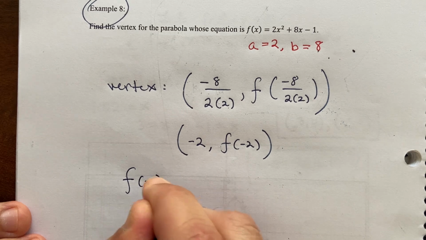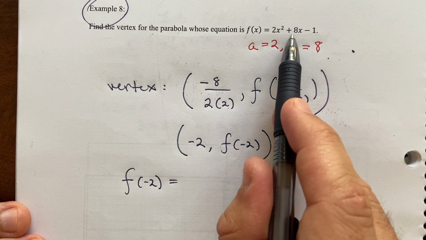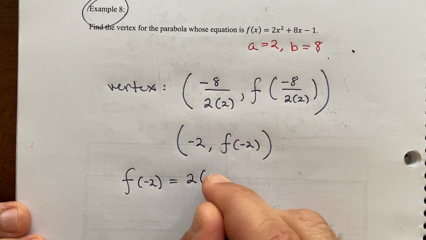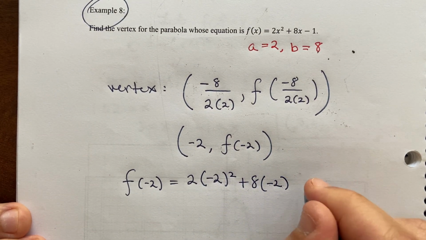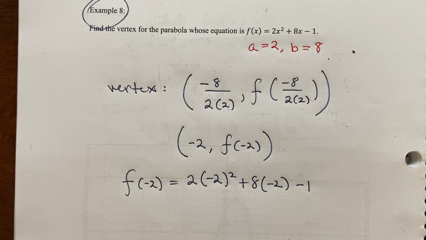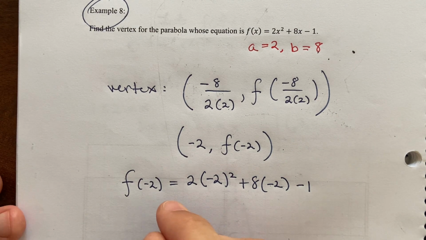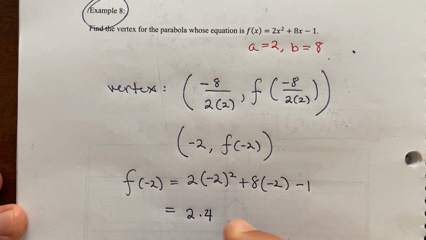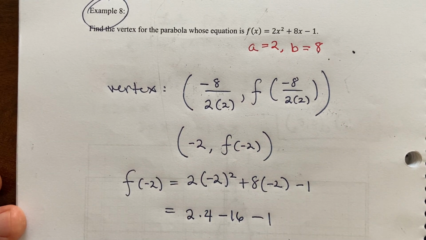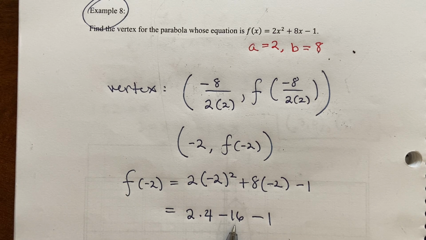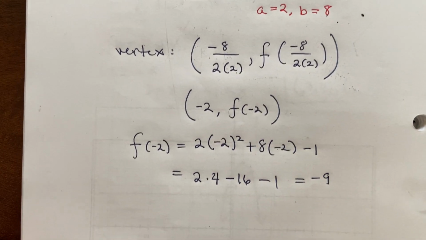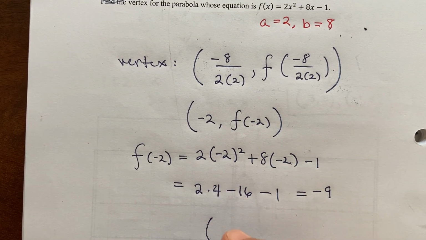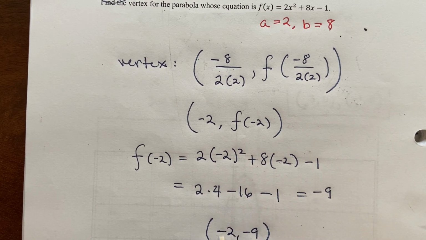I plug negative 2 in. So this would be 2 times 4 minus 16 minus 1, 8 minus 16 is negative 8, minus 1 is negative 9. So I'd have a vertex of negative 2, negative 9.